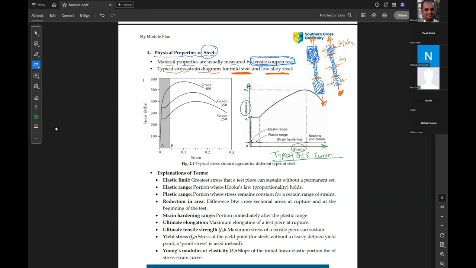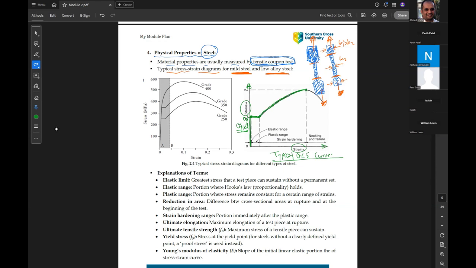So we have a linear part up to here. The end of this linear part is sigma yield, or the yield strength. Then we have an area of stable or constant stress. Then strain hardening starts to happen in this area, up to the peak.